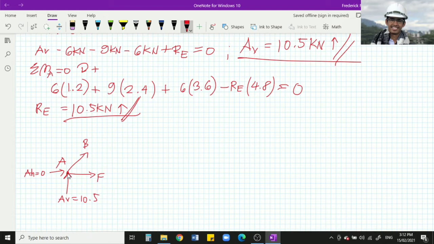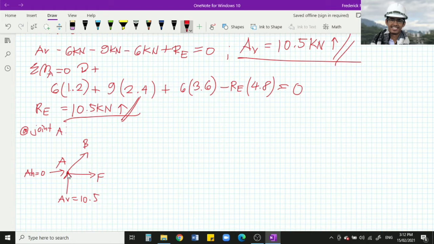Kapag negative ang lumabas, ibig sabihin, compression yung nag-act doon sa member. Okay? So in this case, at joint A, makukuha natin yung force sa member AB and AF.